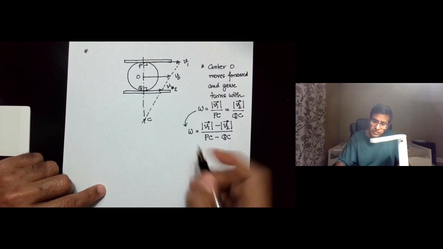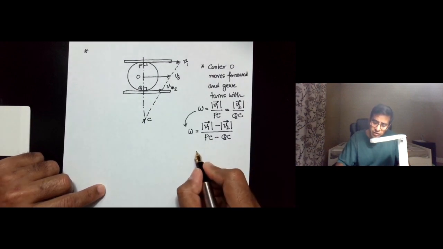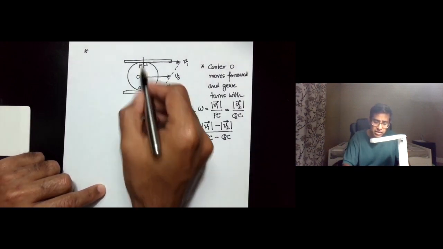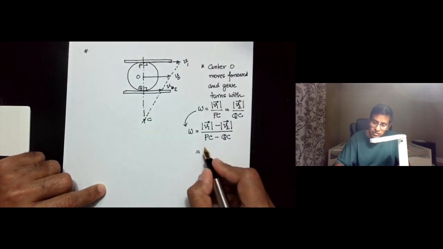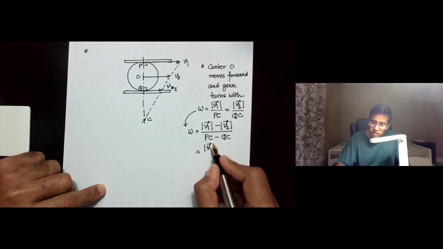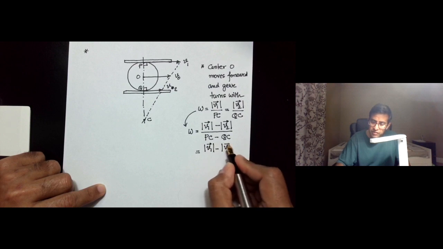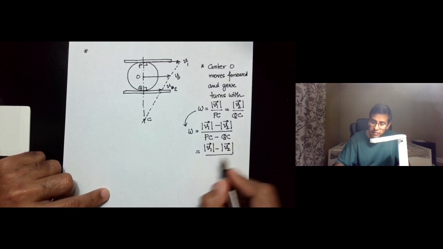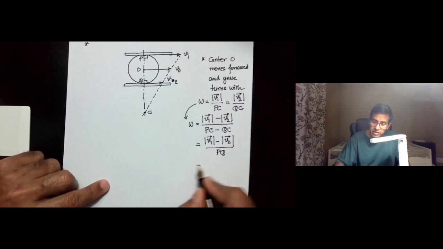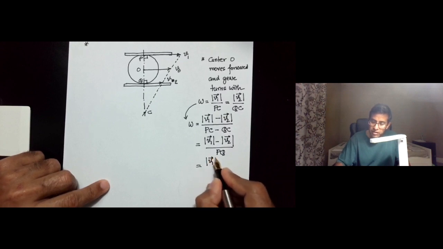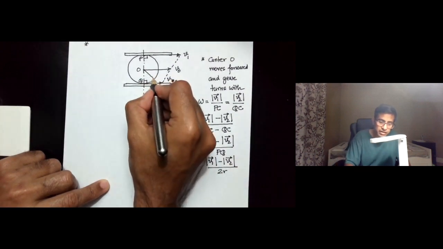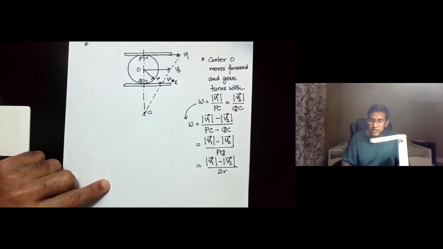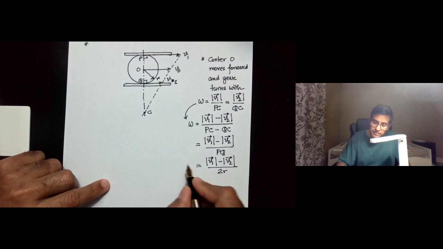PC minus QC is PQ. So it is V1 minus V2 divided by PQ, which is V1 minus V2 divided by 2R, where R is the radius of this gear, or you can say 2R is the distance between the two parallel bars.